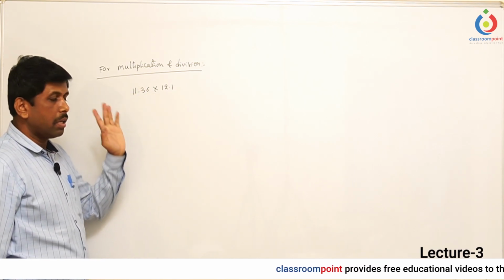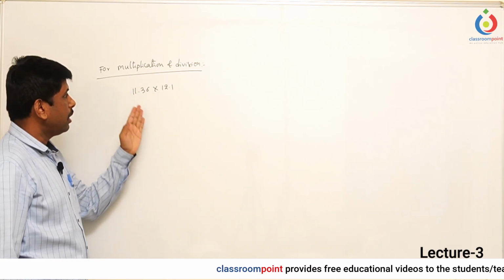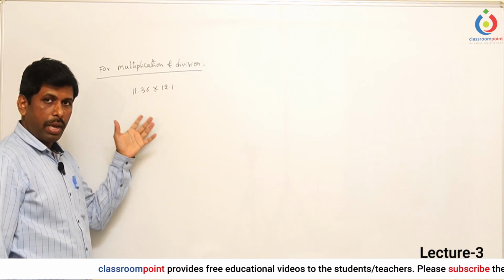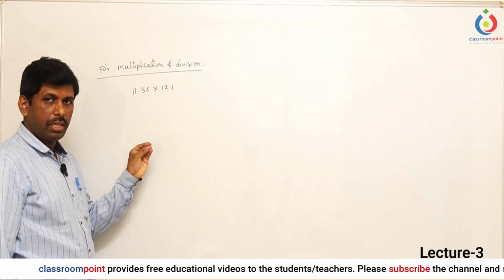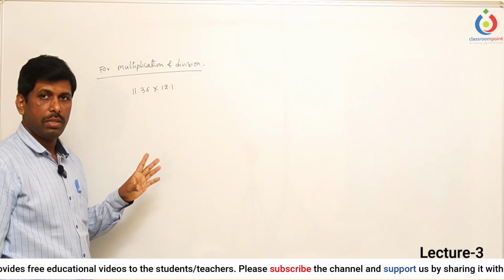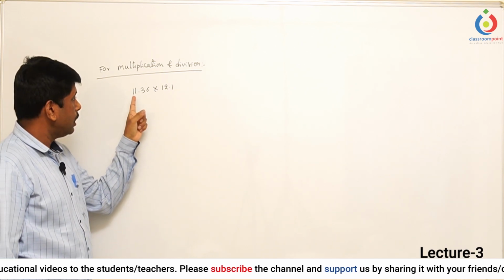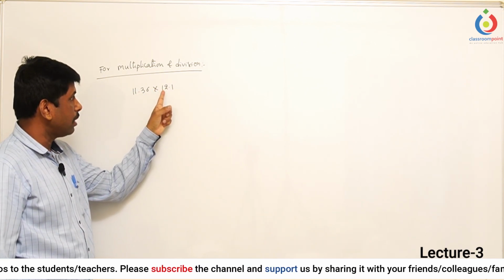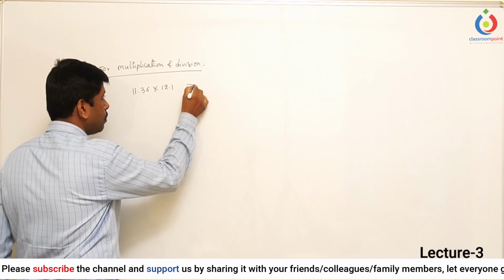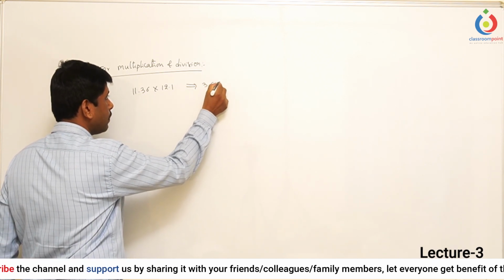Whenever multiplication or division is there, you have to check all the numbers given in that calculation and see which number has the least number of significant figures. Here 4 significant figures are there. Here 3 significant figures are present. So the answer also must have only 3 significant figures.